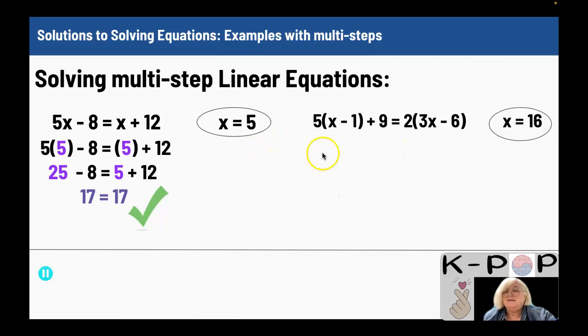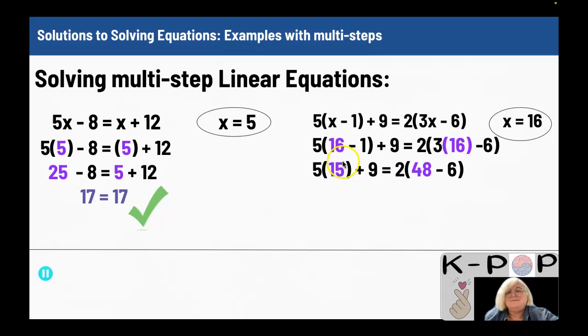The last one, I have 5 times x minus 1 plus 9 equals 2 times 3x minus 6. I plug in the 16 into the x, and I have 5 times 16 minus 1 plus 9 equals 2 times 3 times 16 minus 6. 16 minus 1 is 15.